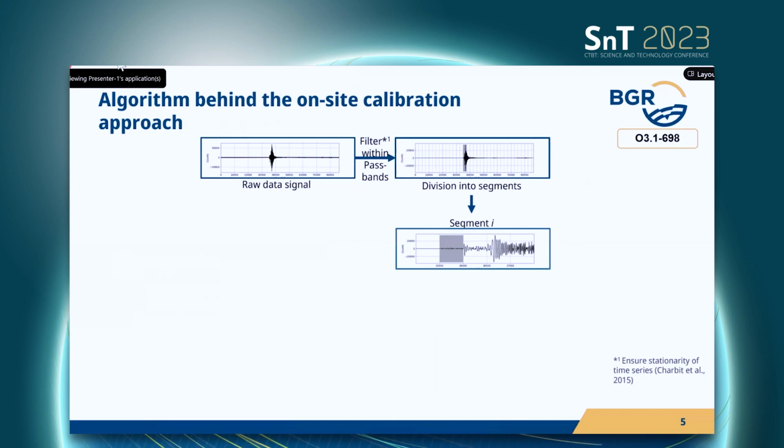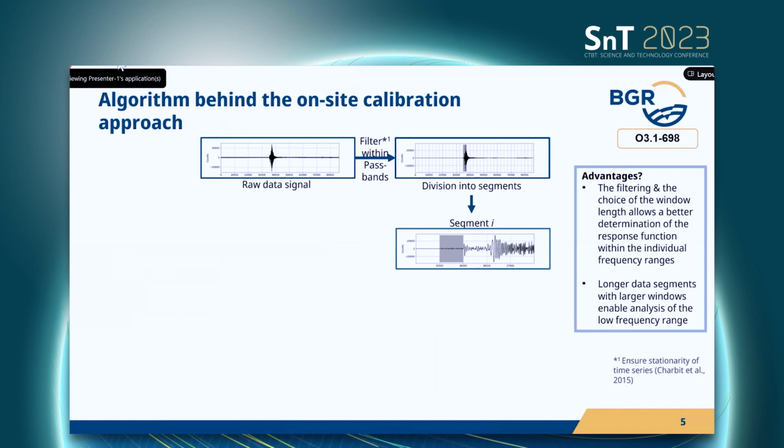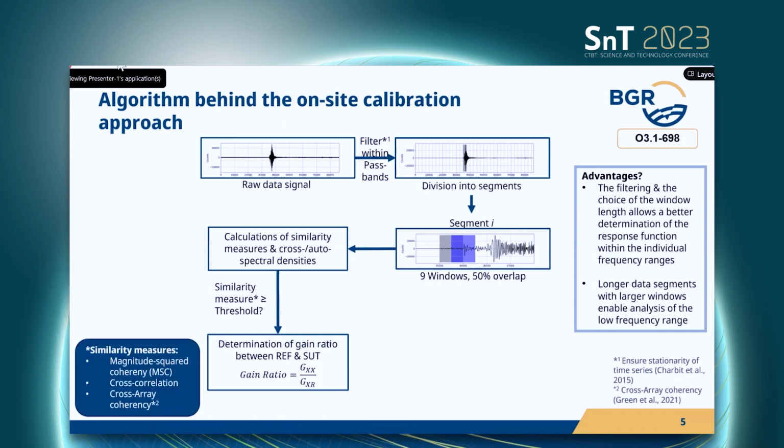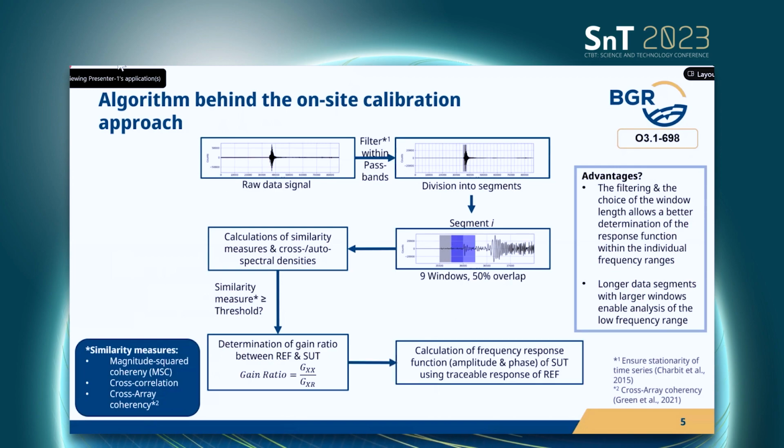Within this segment, we take overlapping windows, and within these windows, we calculate similarity measures, cross spectral densities and auto spectral densities, which we need in the method to calculate a gain ratio between those two sensors. With this gain ratio and the response from the lab, we are able to determine the frequency response of the sensors. So that's the theory.